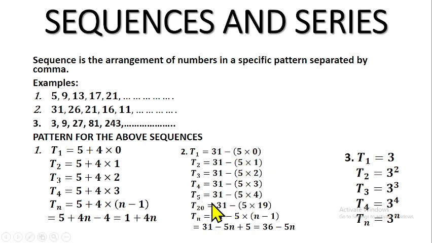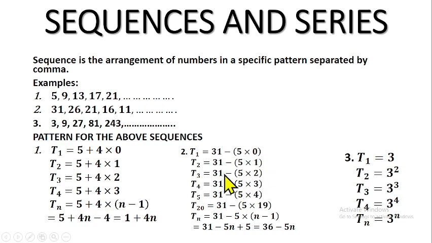Then, if that should be the case, if you have to find the 20th term, how do we get that? We have all these numbers 0, 1, 2, 3, 4 here, obtained by using the number of the term. The first term is 1, so 1 minus 1 will give us 0. Second term, n is 2, 2 minus 1 will give us 1.